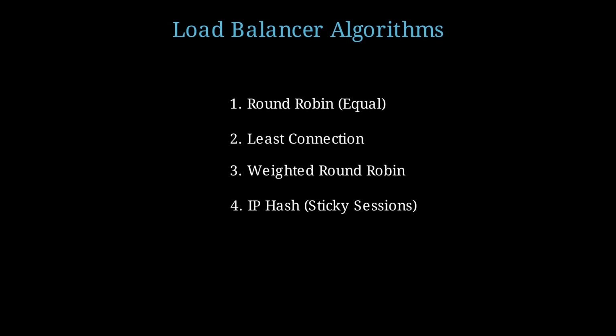Okay, it will hash the IP address. It will always come to one hash ID, right? One hash ID will be routed to the same server. That means every user is always routed to the same server, if our application has that kind of dependency and you use the IP hash algorithm.